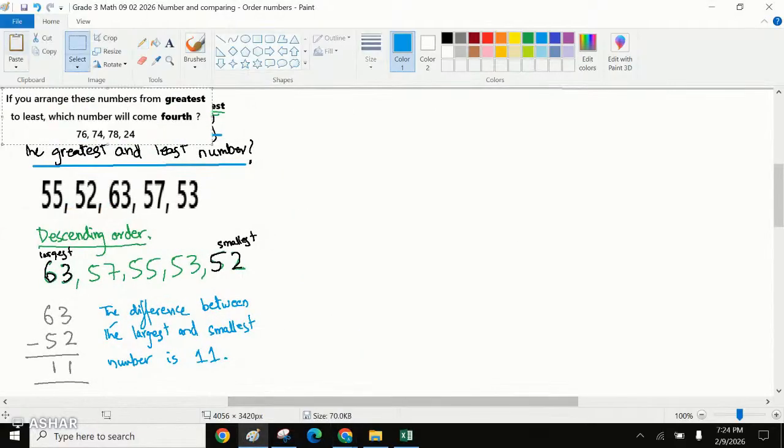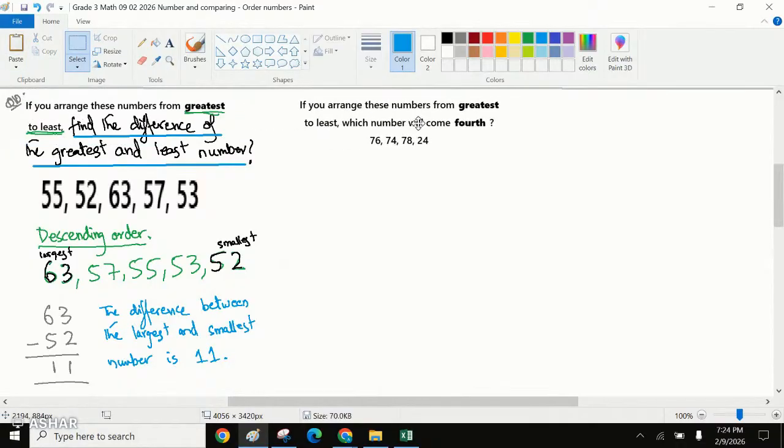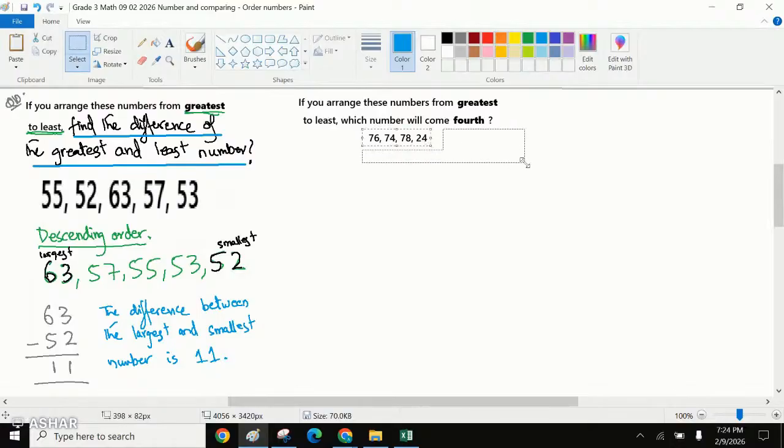Okay, question number 11. Which number will come fourth? Since there are only 4 numbers over here, that means they're asking us which number is the smallest, because only 4 possibilities over here.